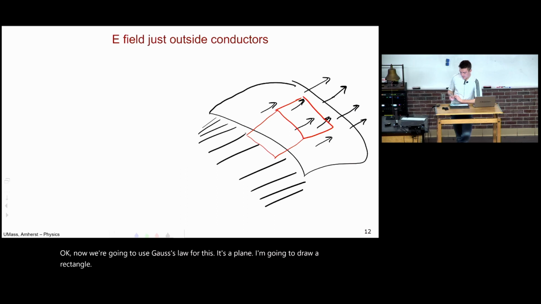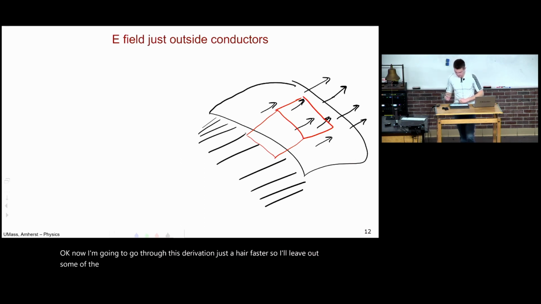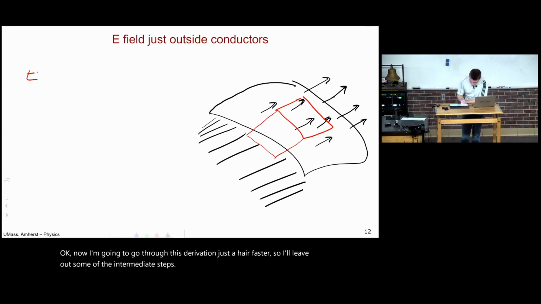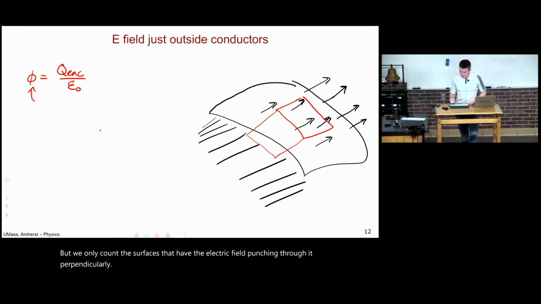Now I'm going to go through this derivation just a hair faster, so I'll leave out some of the intermediate steps. As usual, we have the total flux, which is E times A. But we only count the surfaces that have the electric field punching through them perpendicularly. In the previous case, there was an electric field here as well.